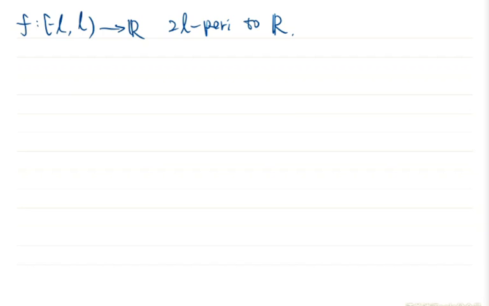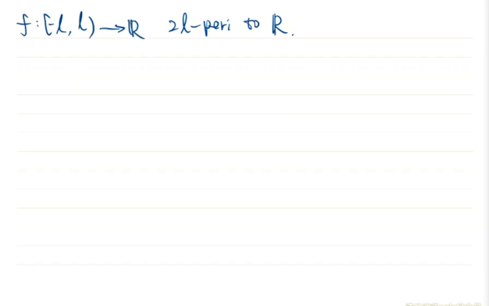Now we go back to our main topic, the Fourier integral theorem. So we introduce the Fourier integral. Assume that f is an integrable function defined in an interval of length 2L and extended to R as a 2L periodic function.